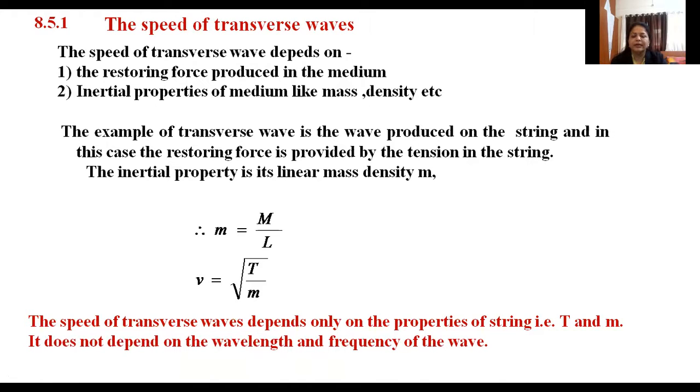Either it may be T, tension, restoring force, or the M, that is mass per unit length. And it does not depend upon the wavelength and frequency, कारण यामध्ये आपल्याला कुठलाही wavelength किंवा frequencyचा टर्म दिसत नाहीये. So from that we can conclude it.